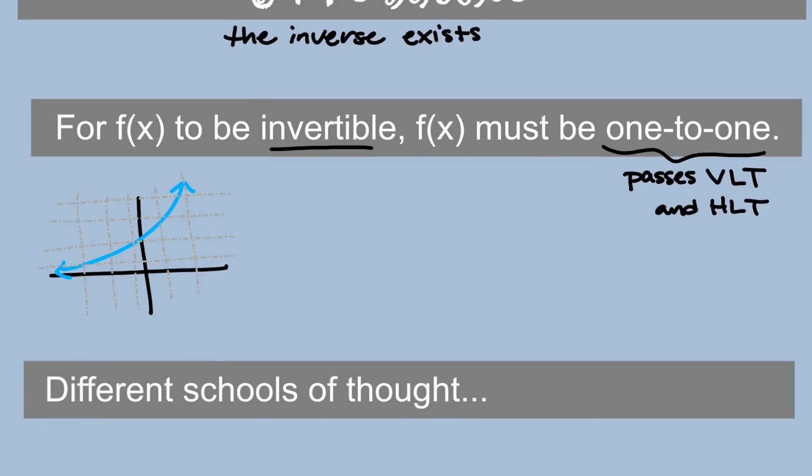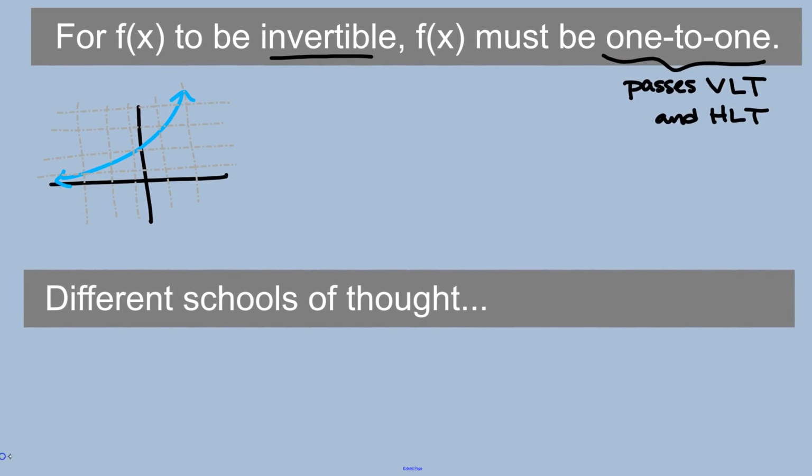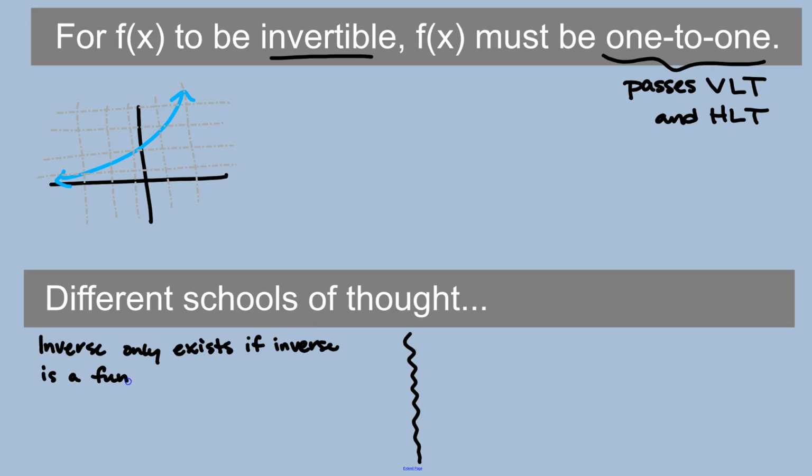Now, some mathematicians say that the inverse only exists if the inverse is a function. And the way for the inverse to be a function is for the original to pass the horizontal line test. Therefore, when you invert it, you pass the vertical line test.